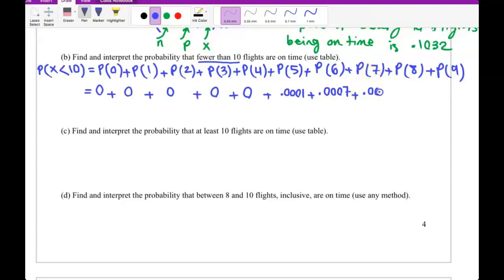Here is 0.035. And probability of 8 is 0.0138. And for 9 we have 0.0430. Okay, so adding all these, the answer is 0.0611.